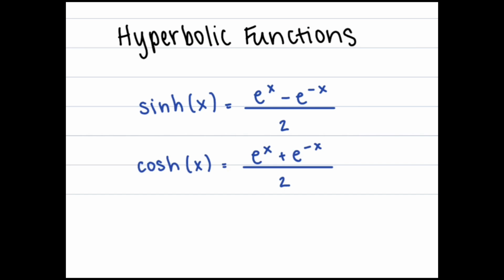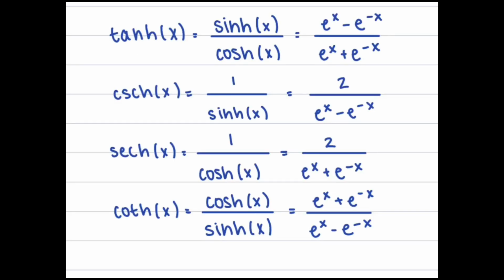And hyperbolic cosine of x is equal to e raised to the power of x plus e raised to the power of negative x, divided by 2. Using these two, we can find all the other hyperbolic functions by using their ratios. And here we have the formulas for all the hyperbolic functions.